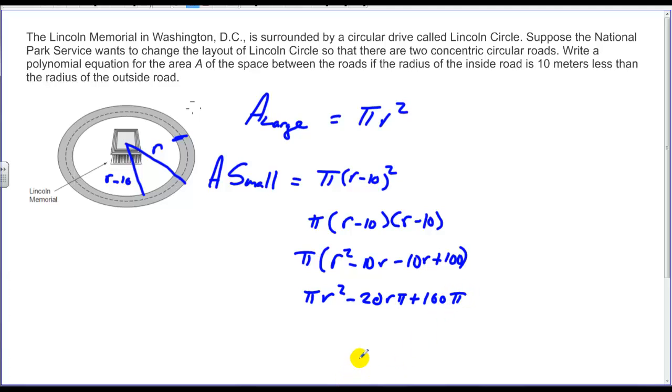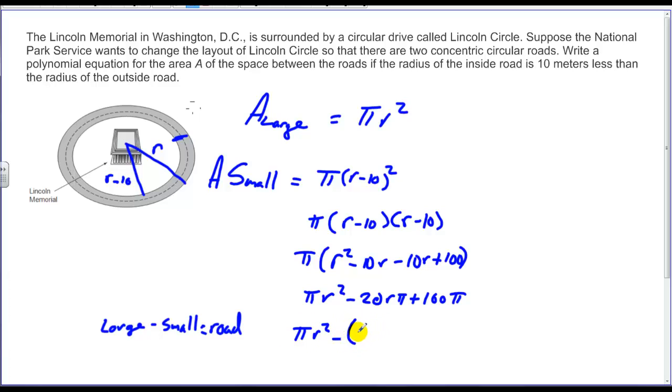And now what we have to do is take the large area and subtract off the small. So large minus small equals the road. So the large is pi r squared.